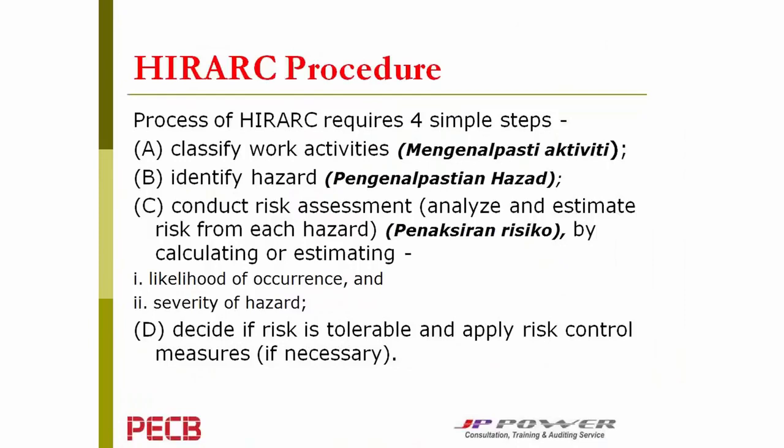So the organization would have to identify and list down what activities they have, followed by identification of the hazard, followed by risk assessment, and finally deciding the necessity to control the risk.